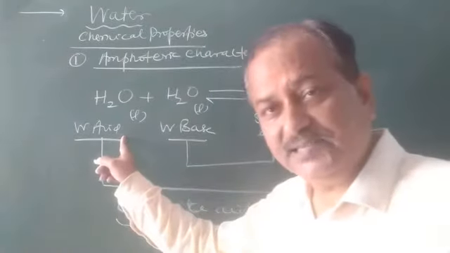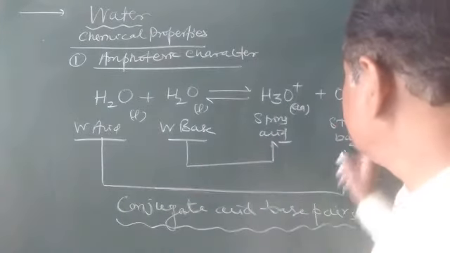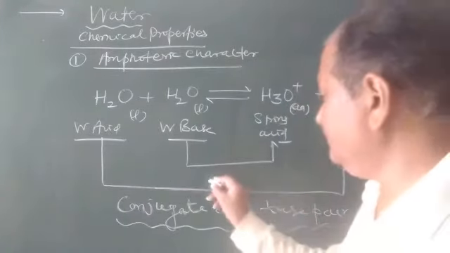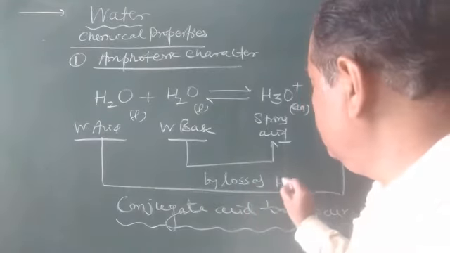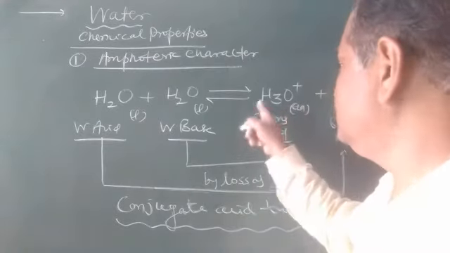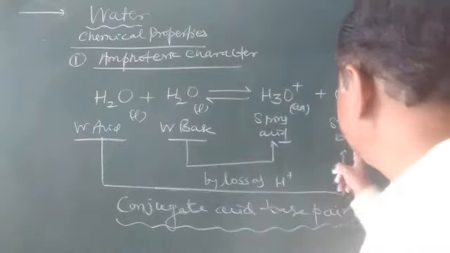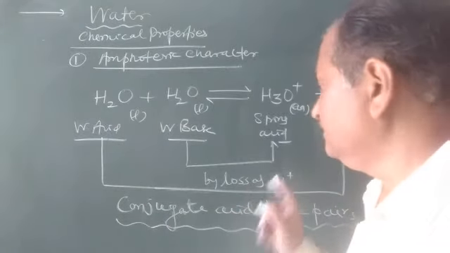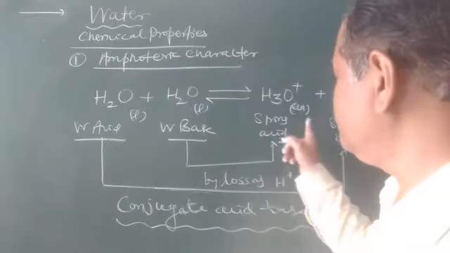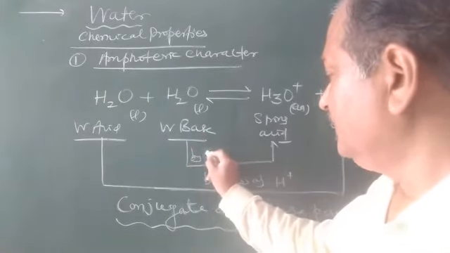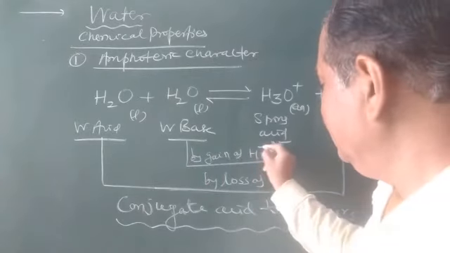Now, what is the meaning of conjugate acid base pairs? Water is a weak acid. Any weak acid always produces a strong base. How does it produce a strong base? By loss of H+. Here there is a weak base, and a weak base forms a strong acid by gain of H+.